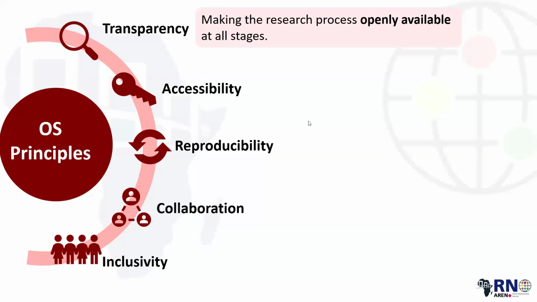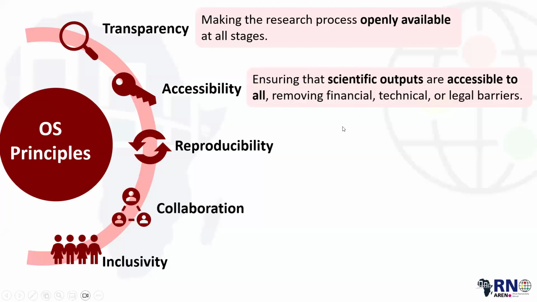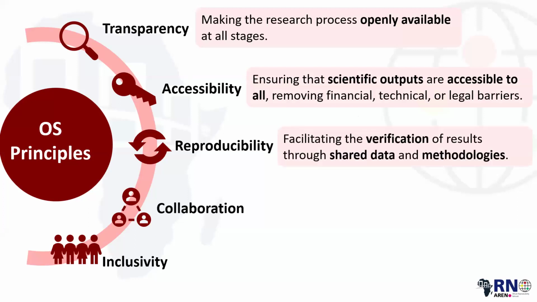Then we have accessibility. By accessibility, we mean ensuring that scientific outputs are accessible to all and removing all barriers, whether they are financial, technical, or legal. Then we have reproducibility, by which we mean we facilitate the verification of results through shared data and methodologies.